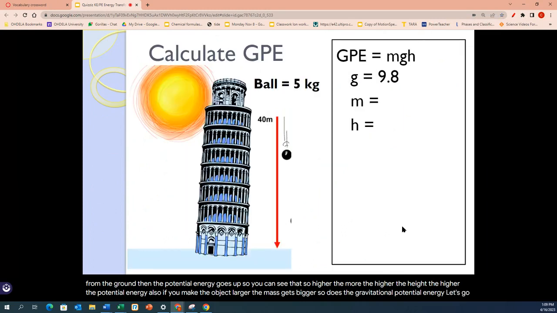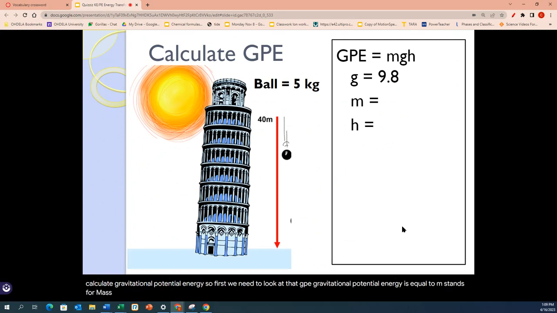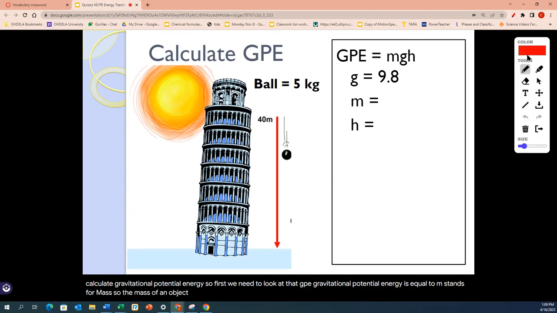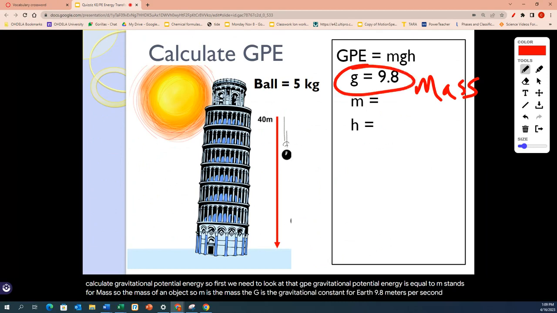So let's calculate gravitational potential energy. So first we need to look at that GPE, gravitational potential energy, is equal to M, which stands for mass. So M is the mass of an object. The G is the gravitational constant for Earth, 9.8 meters per second squared.